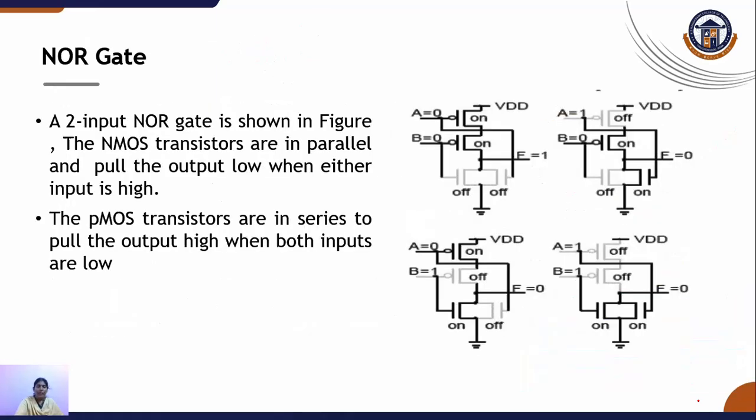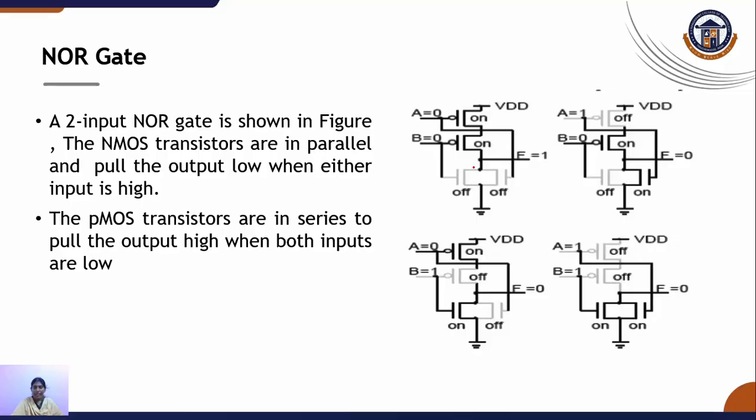Okay. Similarly, here we design the NOR gate logic with the CMOS concept. We already know the equation of the NOR gate, that is Y equal to (A plus B) whole complement. Plus means parallel, dot means serial.